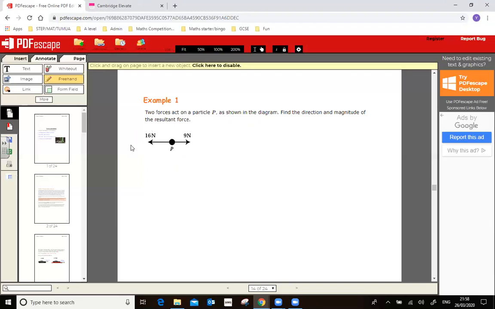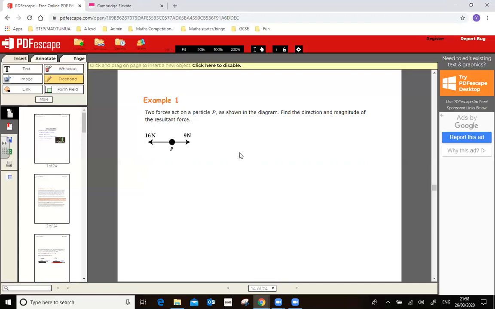And then we would know that this person has a much stronger force here, which means the particle will actually move or accelerate towards the left-hand side. But what is the resultant force? Well, let's write it down.